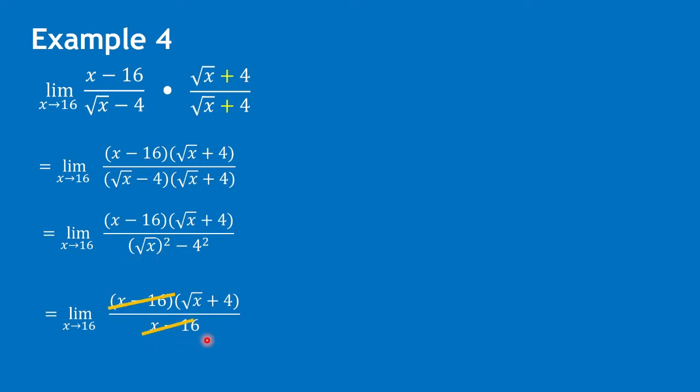We can cancel x minus 16, giving us the limit of the square root of x plus 4 as x approaches 16. By substitution, we can have the square root of 16 plus 4. So we have 4 plus 4, and that would be 8.